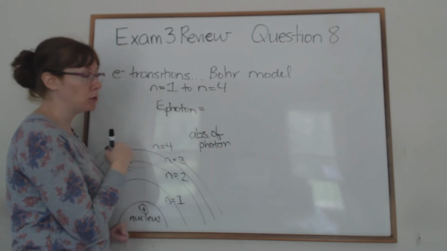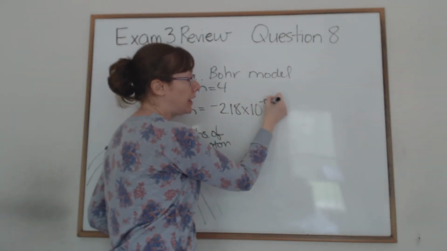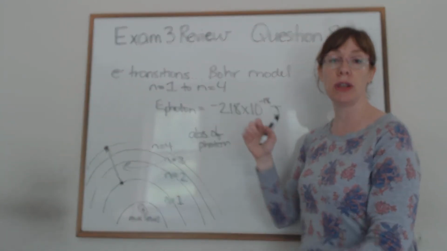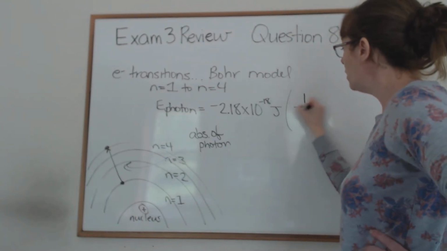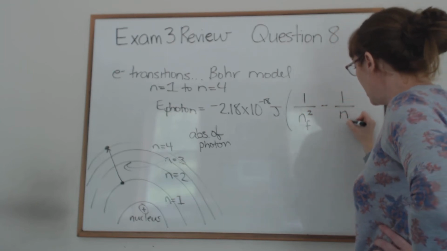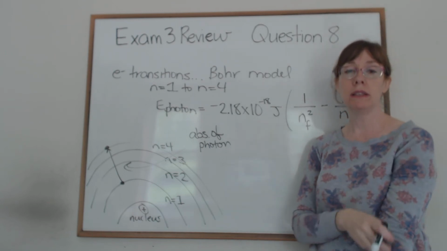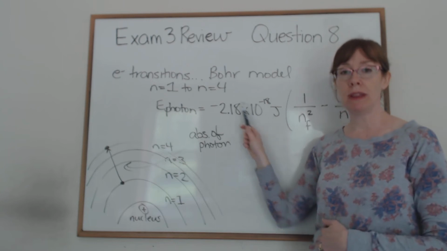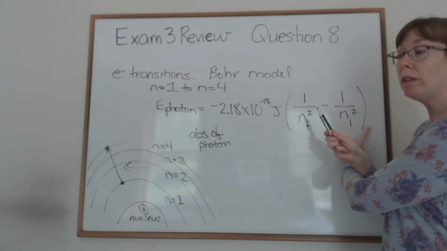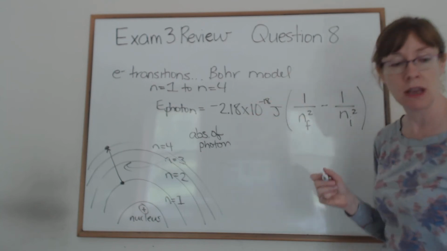This time it's going to be an absorption, but the energy of the photon is equal to negative 2.18 times 10 to the negative 18th joules, times 1 over N final squared minus 1 over N initial squared. This is the equation that governs electron transitions. If you Google this equation, sometimes it's presented with a positive number here but with these two switched, which will give you the same answer. But don't do that. Just stick with the equation that I'm giving you. It's the same one that your book uses.